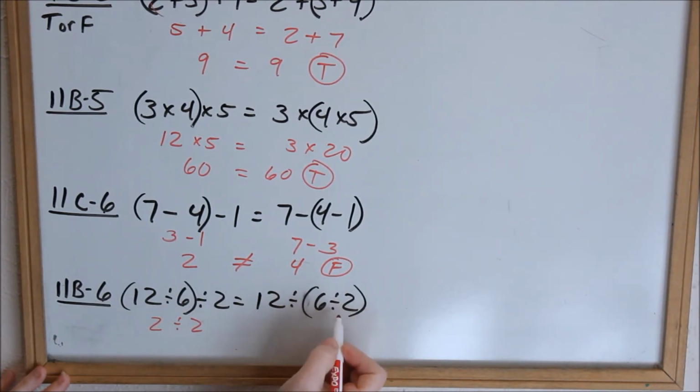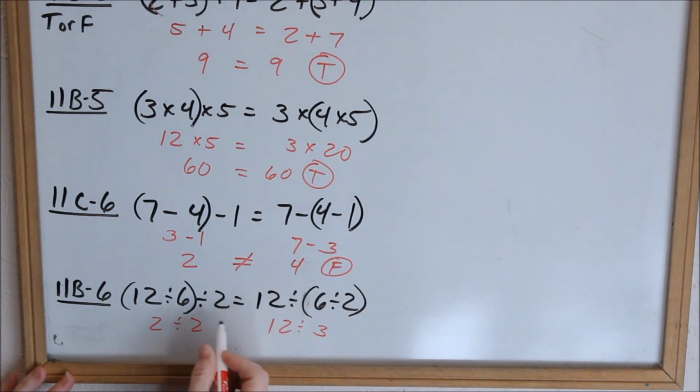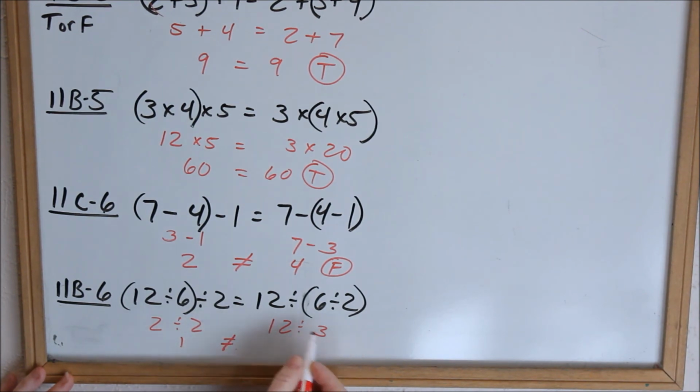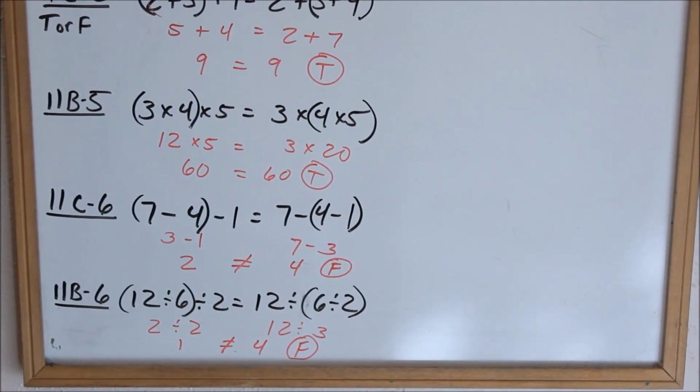Over here, do these parentheses first. 6 divided by 2. Remember, this first number is always in the numerator. 6 divided by 2 is 3. 12 divided by that. 2 divided by 2, 1, and that is not equal to 12 divided by 3, which is 4. Those are not equal, so we just proved that associative would be false for division.